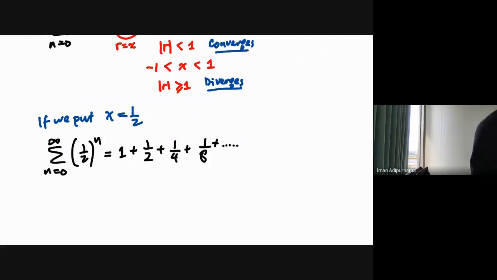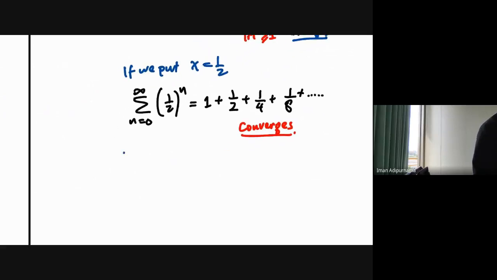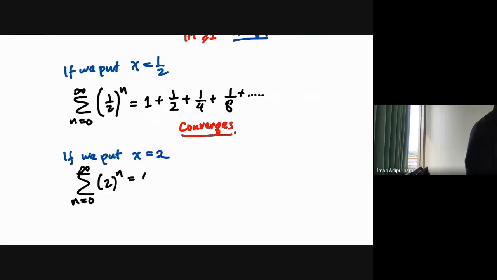And we know this converges, right? The geometric series converges. If we put x equal to 2, it's 1 plus 2 plus 4 plus 8 plus, it diverges, right? Okay.